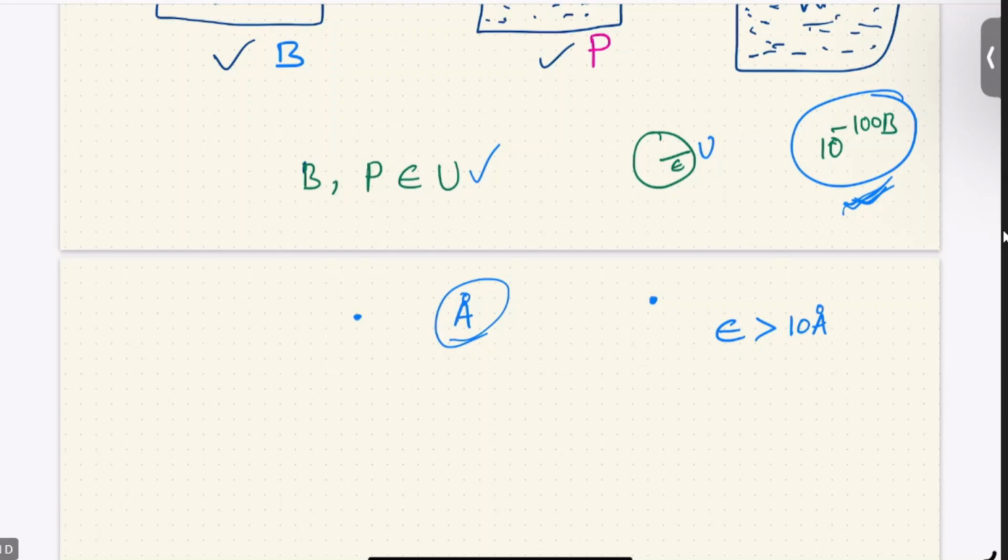So we always choose for all epsilon greater than zero.